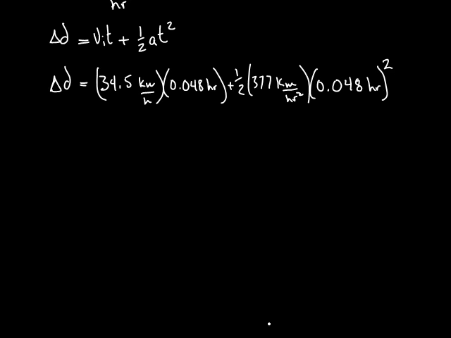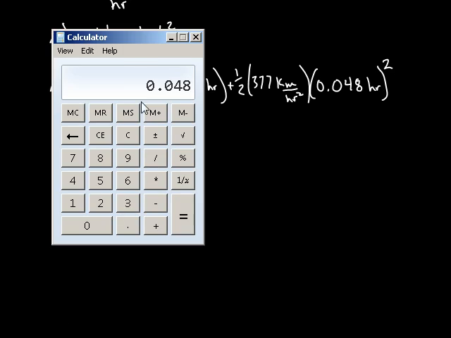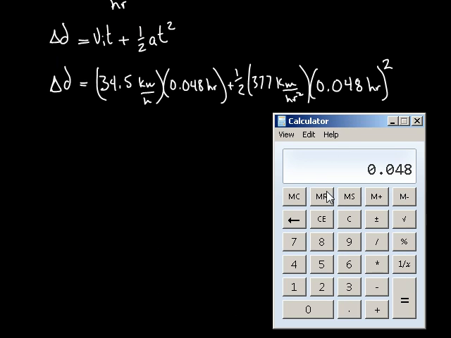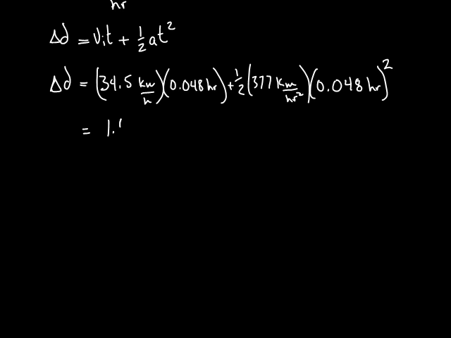Okay, so let's do that calculation. So we have 34.5 times 0.048 is 1.656, and what are the units on this?